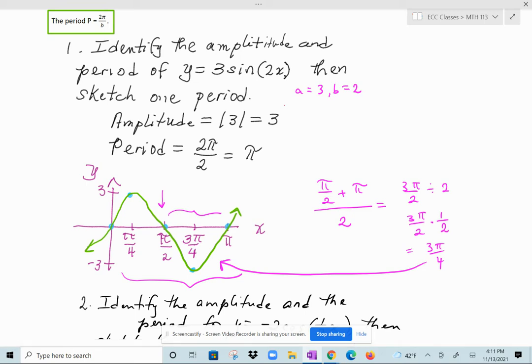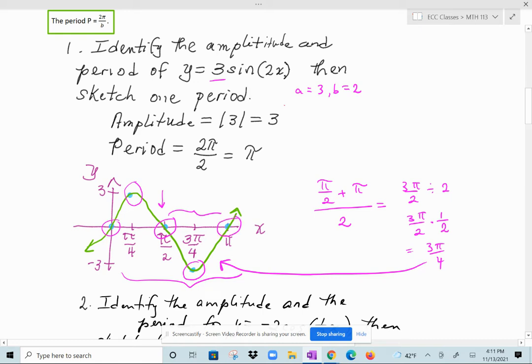So the original sine function starts at 0, so this one must also start at 0. And then the sine function goes up, and normally it goes up to 1. But this time, because we're multiplying by 3 and my amplitude is 3, you will go up to 3. Then you return back to 0. Then you go down to -3, and then you return back to 0.